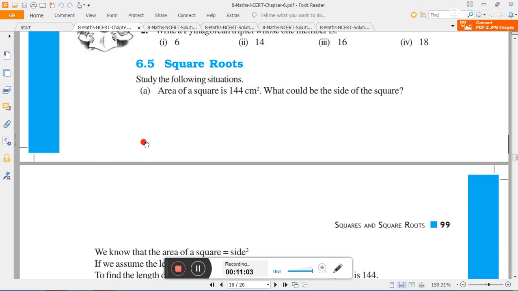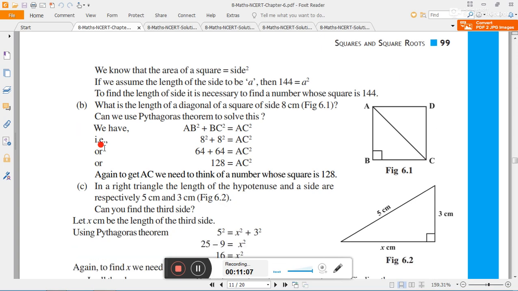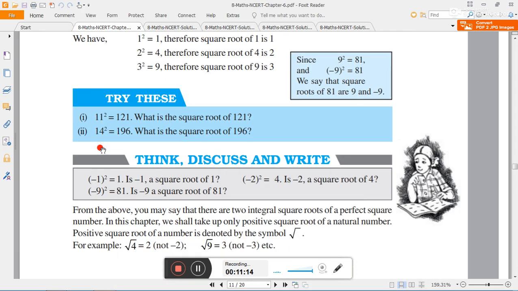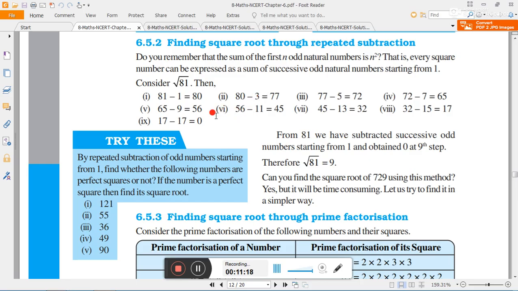After that, square root. To find the square root of any number, we have two methods. One is finding the square root by the repeated subtraction method. In this, you subtract odd numbers consecutively, and the step at which you get 0 is the square root of that number.